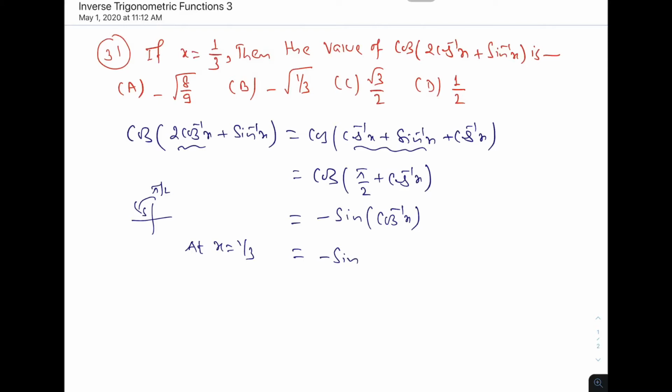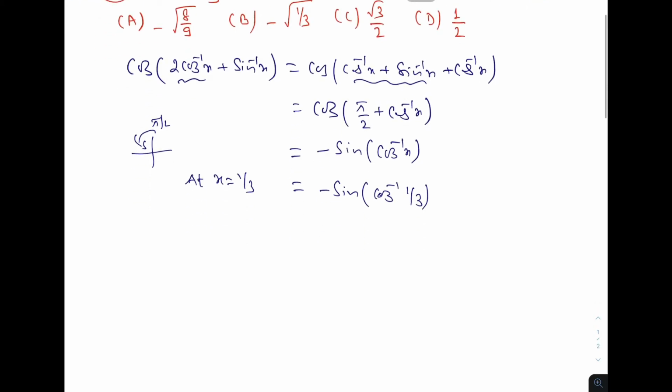So this is minus sine of cosine inverse 1 by 3. Now for cosine inverse 1 by 3, if this angle is cosine inverse, this side is 1 by 3, and the other side is root of 9 minus 1, so it is root 8.